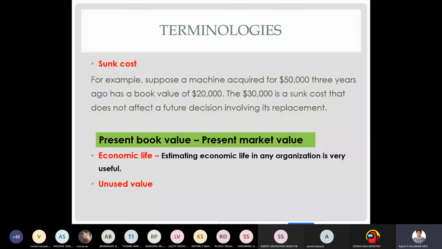For the remaining 3 years, we are going to take the decision based upon the unused value. That means the remaining 3 or 4 years which are still to continue with that alternative, for another 4 or 5 years. Those are nothing but unused value: the alternative service life which has not been utilized.